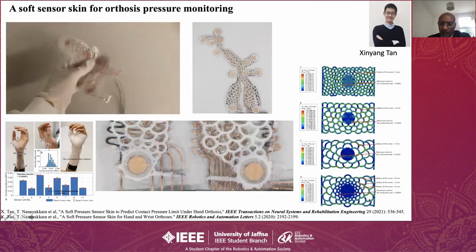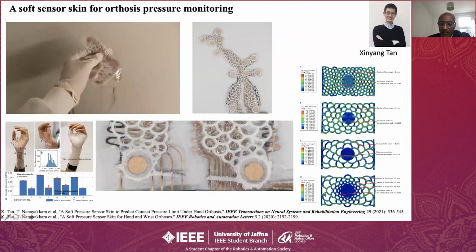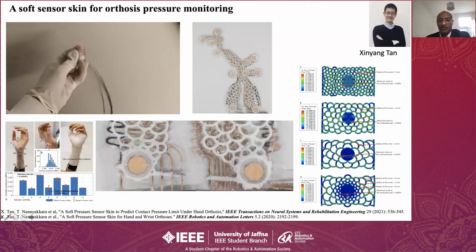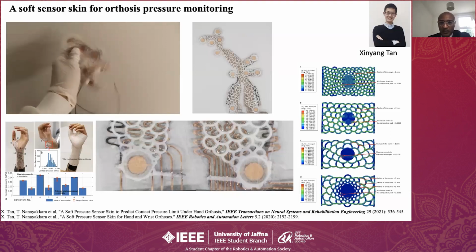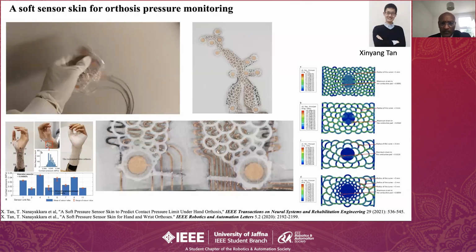If you externally apply forces, the stresses are mostly limited to the outer scales, and they don't come to the central sensor area, so the sensor is insulated from that. So the mechanical disturbances don't influence your reading. This is Xingyang Tan's work. His PhD is about this. This is a collaboration with the Suzhou Central Hospital in China.